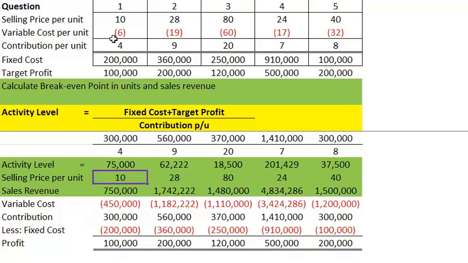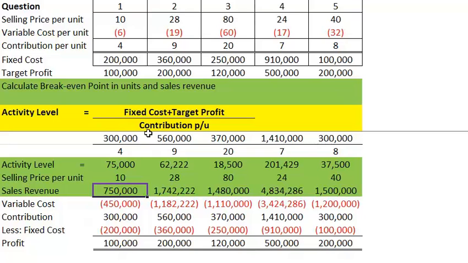We multiply by 6 pound per unit. We get a variable cost of 450,000. When we deduct variable cost from sales revenue, we get a contribution of 300,000. We deduct fixed cost of 200,000. We arrive at a profit of 100,000, which is our target profit.